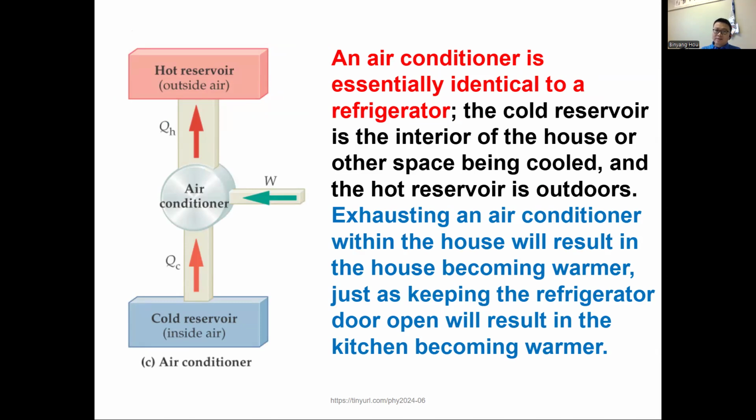So AC is essentially a refrigerator, just bigger. The inside of the house is now the inside of the refrigerator, right? And the outside of the house is now the kitchen in this case. So the cold air will be inside, and the hot reservoir will be the outside, and it takes in electrical or mechanical work. So in that sense, AC and refrigerator are essentially the same thing.